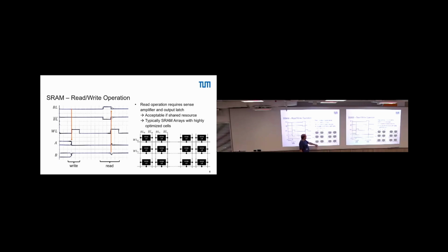Now reading out many cells one by one would be slow. We want to have this in parallel. So we make another dimension where we can read in parallel. Usually we have something in that range as our word width. Let's say your computer is most likely a 64-bit system.